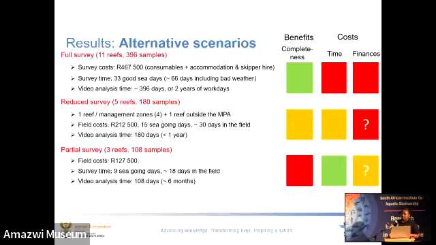Reducing the survey to only 5 reefs means a reduced sample and therefore less time spent analyzing videos. For a partial survey, completeness is a bit compromised. However, in terms of time it is good, as it will take approximately 6 months. However, the finances will depend on the availability of financial resources.